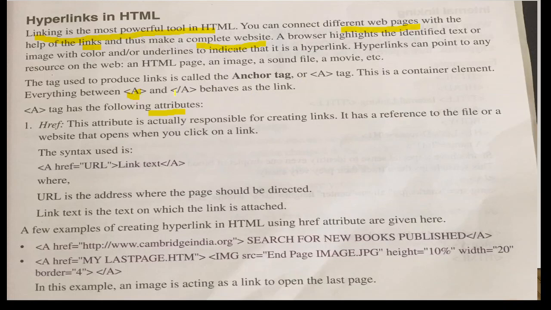It's the A tag and then the closing tag of the anchor tag. A is the anchor tag, followed by the attribute href, and then the URL, and then the link text.